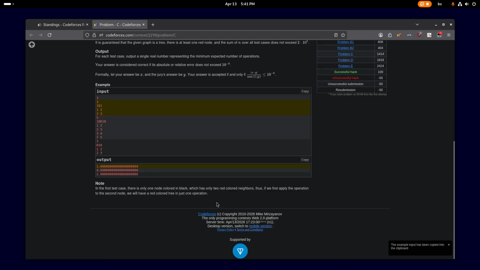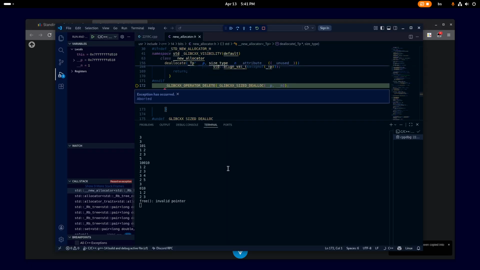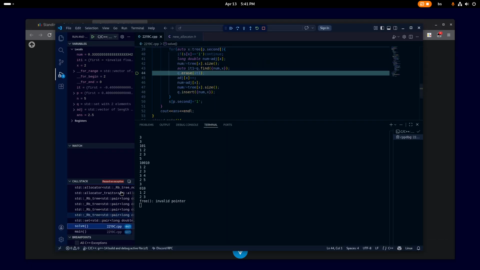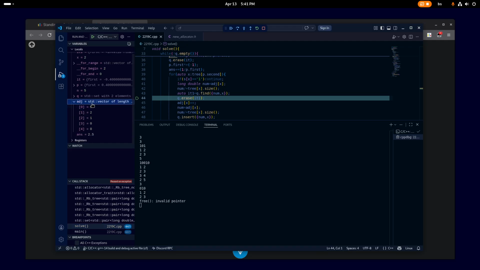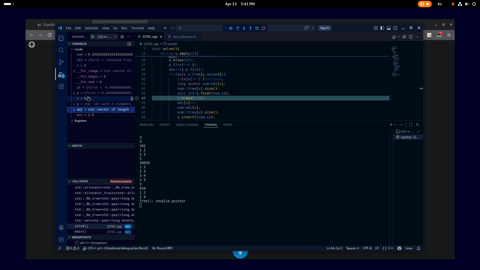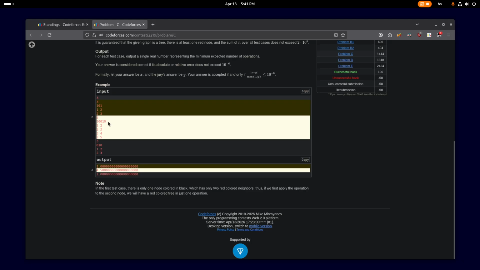And this is 1, 4.5, 2. Again, interesting. Which test case is this? Probably the second one. Yeah, n equals 5, that's the second one.